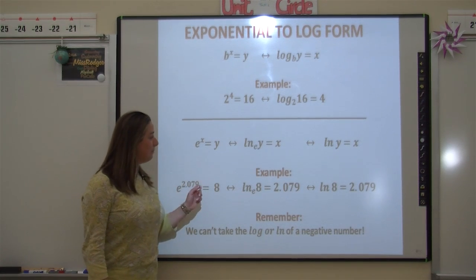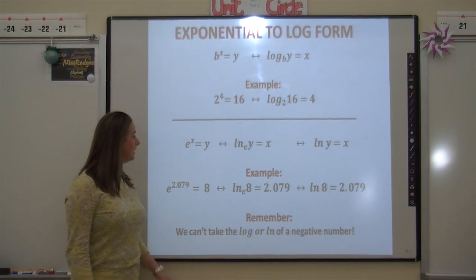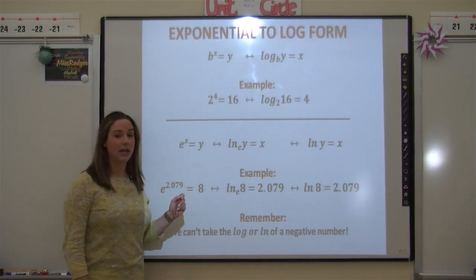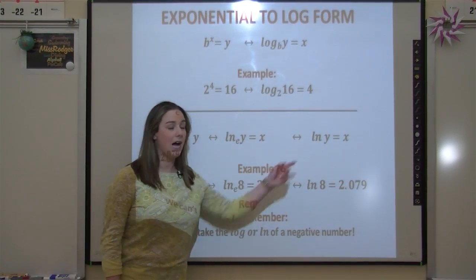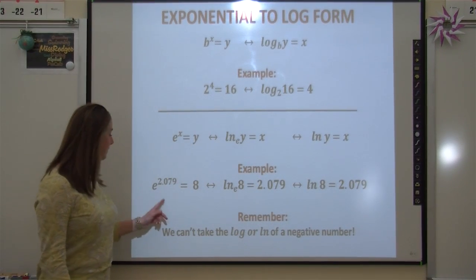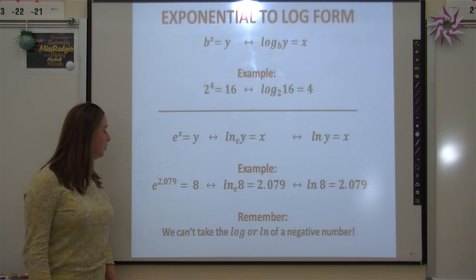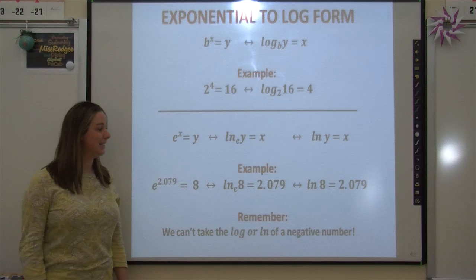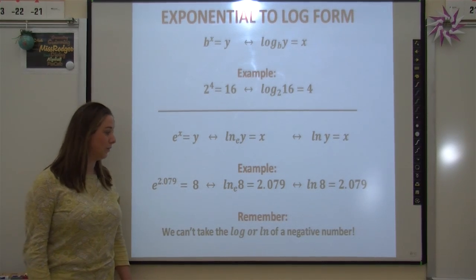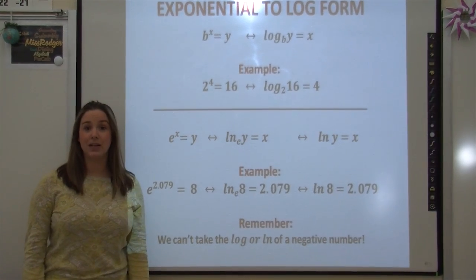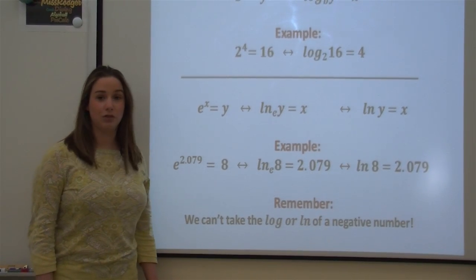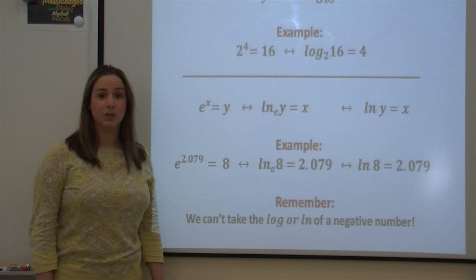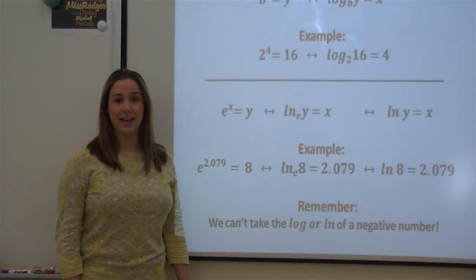Another example, for natural log, is e to the x equals y, which we write as natural log of y equals x. Our example shows this: if we have e to the 2.079 equals 8, we would write that as ln of 8 equals 2.079. We also want to remember that we cannot take the log or natural log of a negative number, so we need to be aware of that.